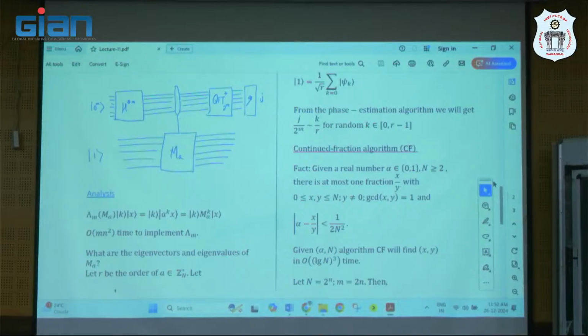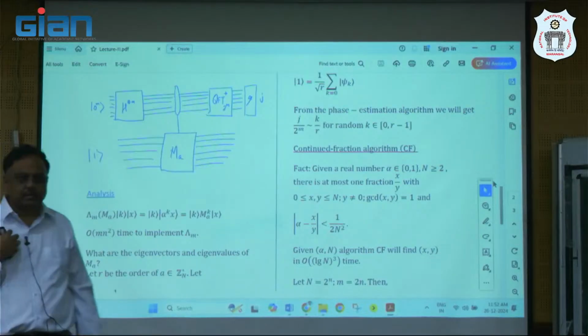Okay. Mike. Sir, is this some kind of Taylor series type function, something? No, continued fraction algorithm, okay, we'll get into that.